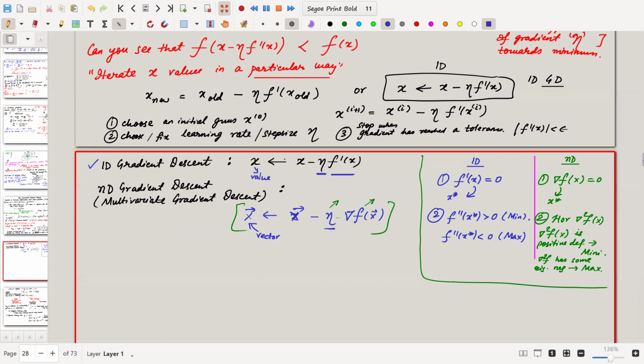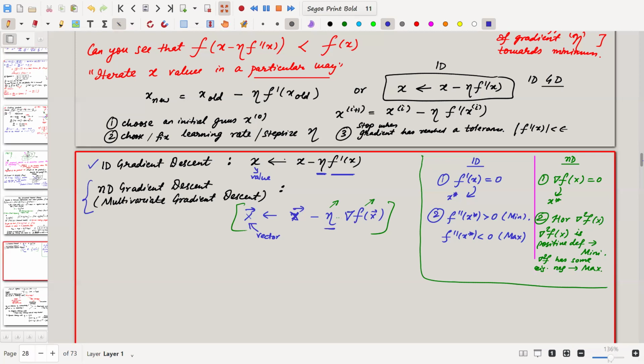Here also you have learning rate eta, but instead of the derivative f prime of x, you will now have the gradient, because that's the generalization of the derivative. So this is what n-dimensional, or multivariate, gradient descent looks like.